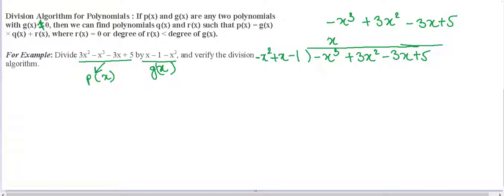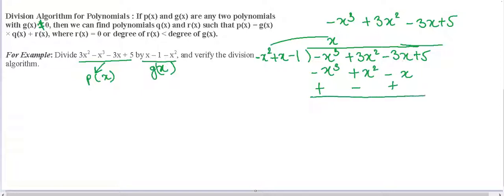So you will multiply this, you will get minus x cube, here you will get plus x square minus x. Now you will change the sign as positive, negative, positive. This will be cancelled because both have opposite sign. Here you will get the answer as 2x square.